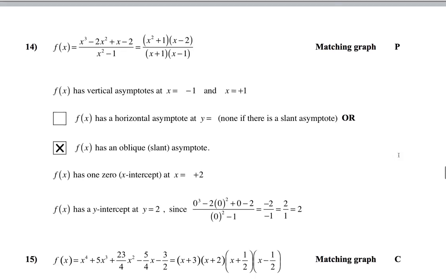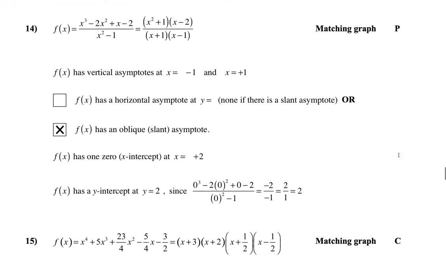Next, we'll move on to number 14, another rational. Vertical asymptotes are zeros of the denominator, -1 and +1. And there's a slant asymptote because the degree of the numerator is exactly 1 greater than the degree of the denominator. So that tells us there's a slant asymptote.